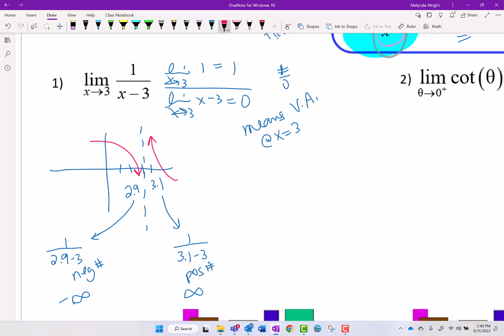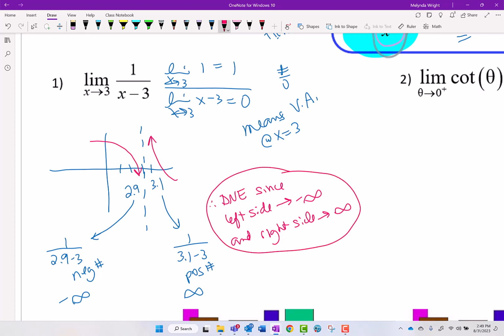Since this direction is mixed, we would say, therefore, DNE, since the left side goes to negative infinity and the right side goes to infinity. And that would be our reason. Remember, whenever you say DNE, you need to tell me why. Just saying DNE is not enough.